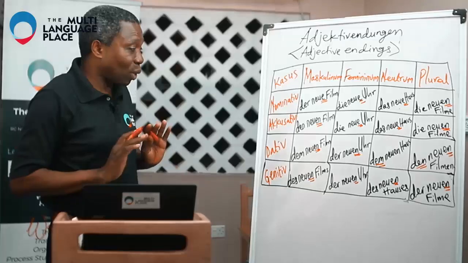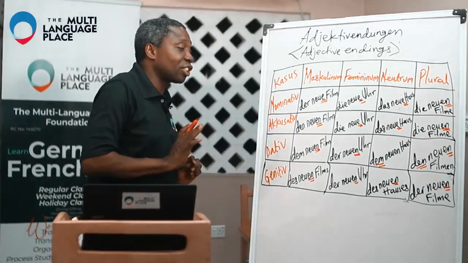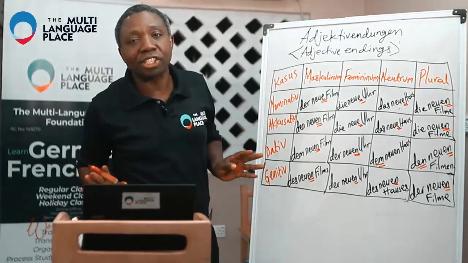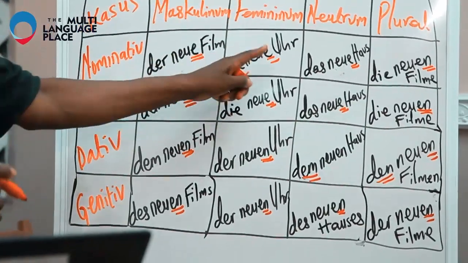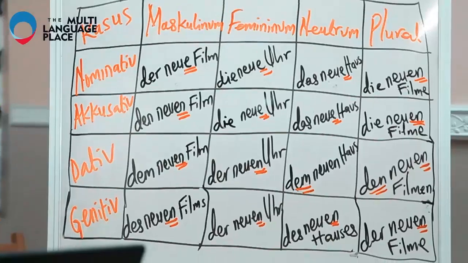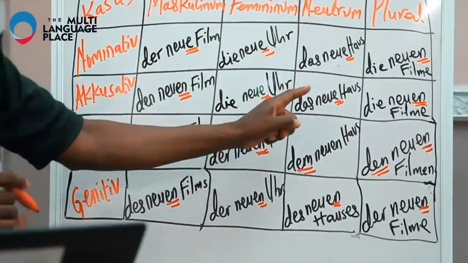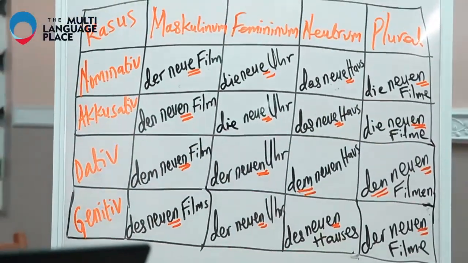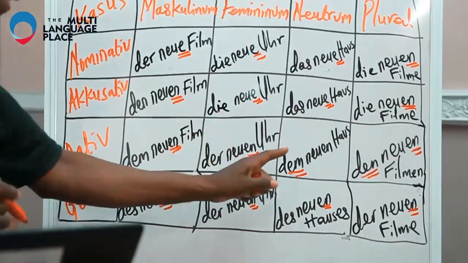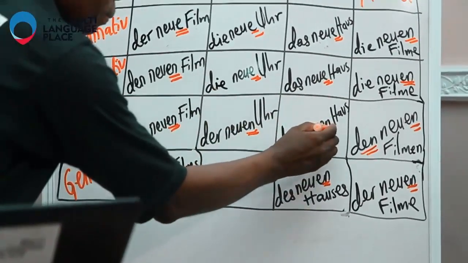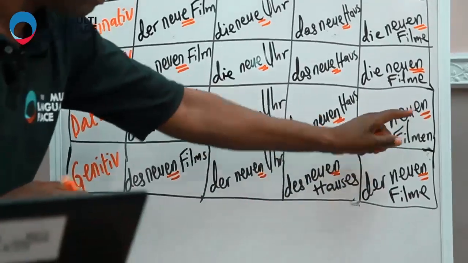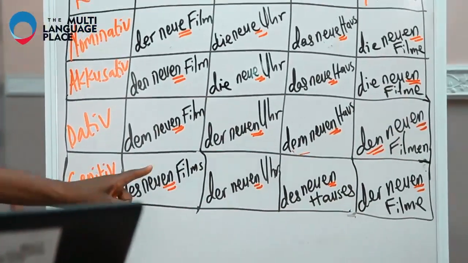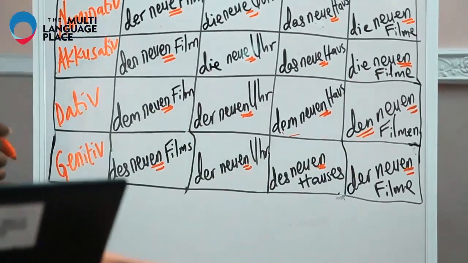So if you are looking for what has changed at all, we are looking at the changes that occur in the adjectives used here. Nominative, you see the changes. Accusative, the changes. Dative, you see the changes here, not here. And then plural, you see the changes. And then genitive, just note the changes that occur.